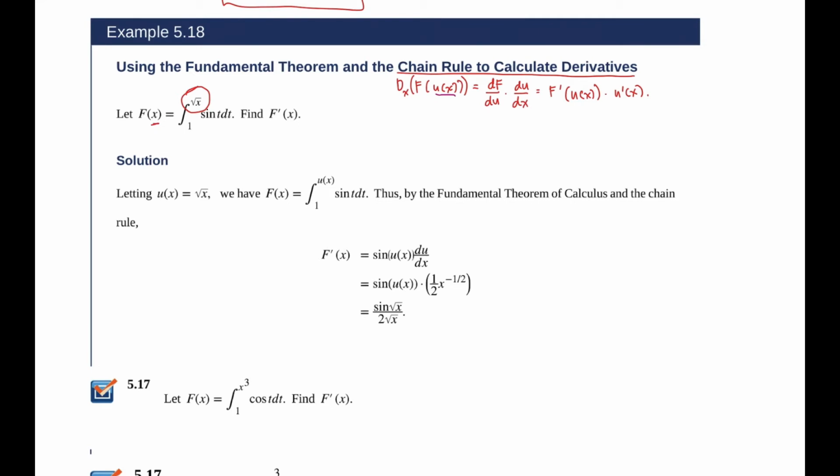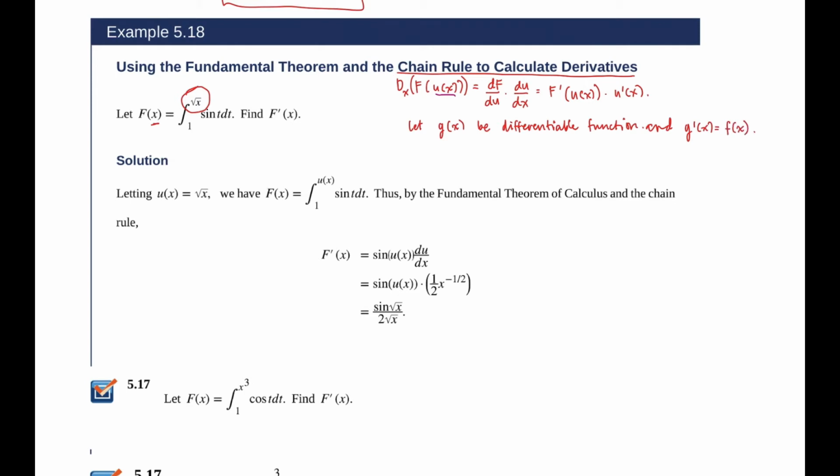Okay, so for example, let g of x be a differentiable function, and let g prime of x be f of x.